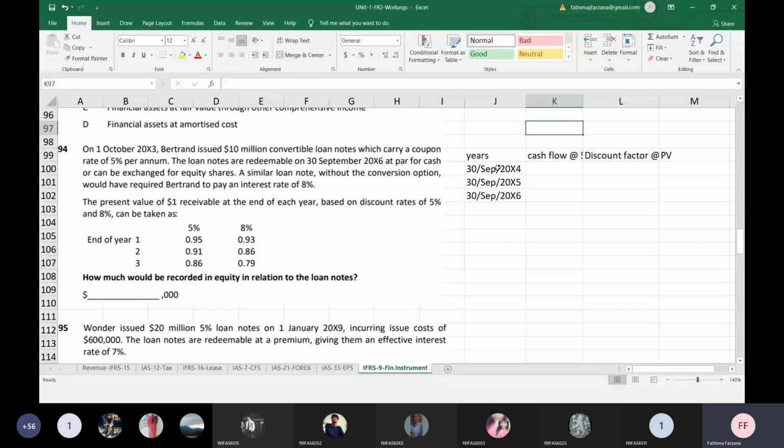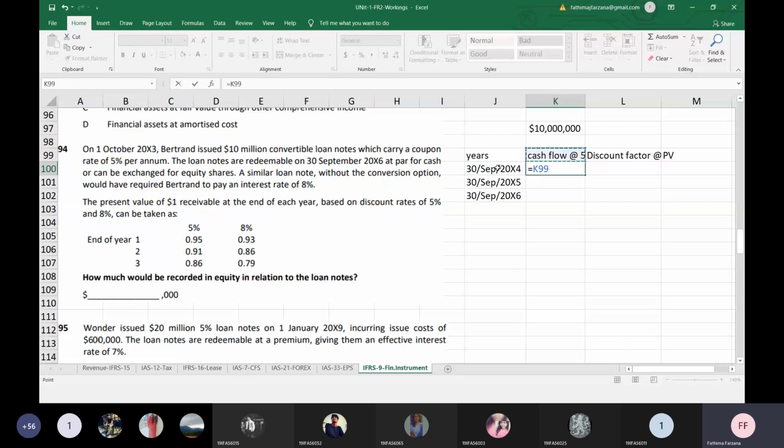So how much will the cash flow be? I'll just write the amount here. It is 10 million, right? For that, I'm going to find 5%, which is equal to this into 5%. But in the last year, what's happening on 30th September? I have to redeem it.